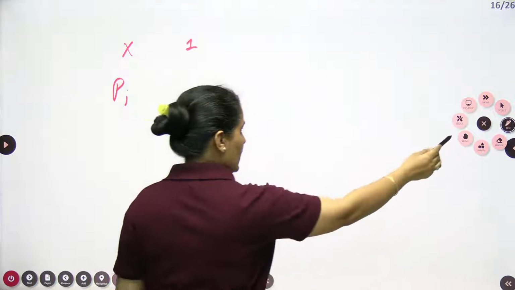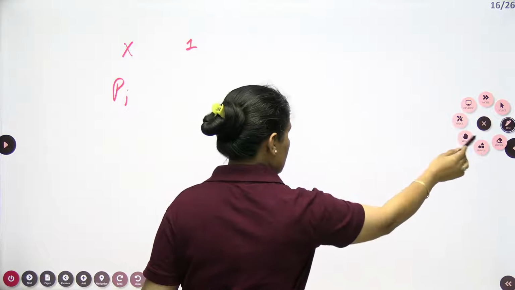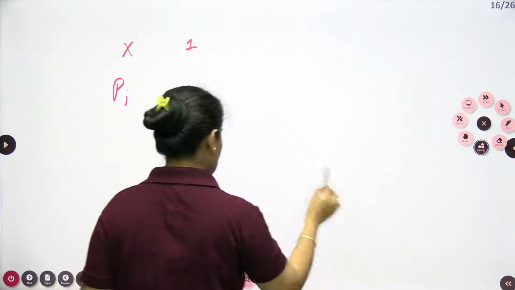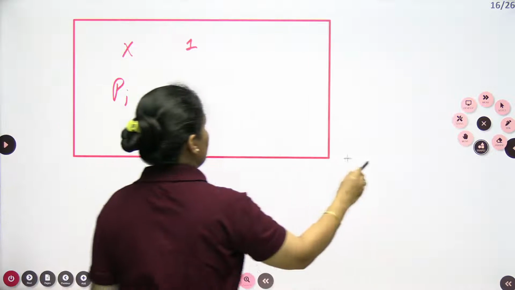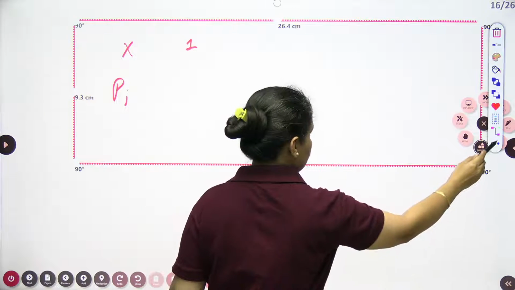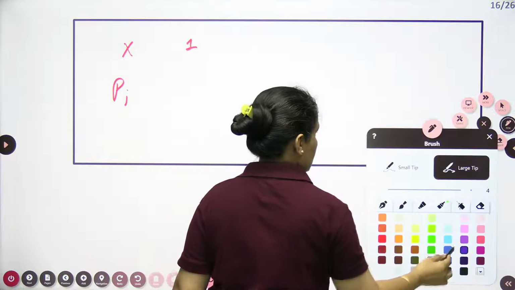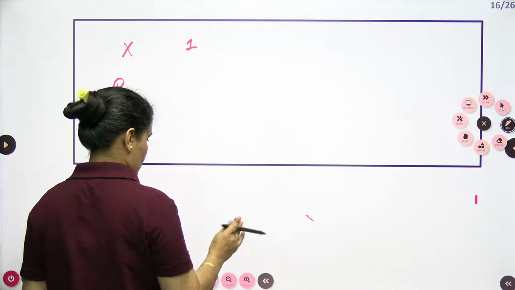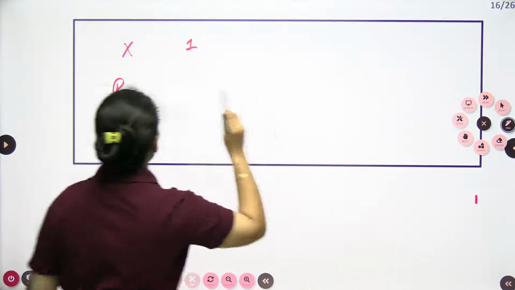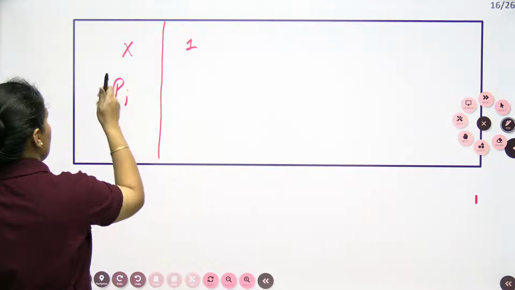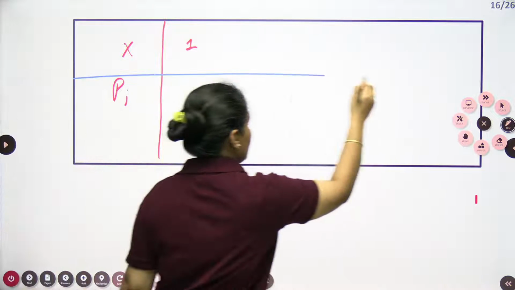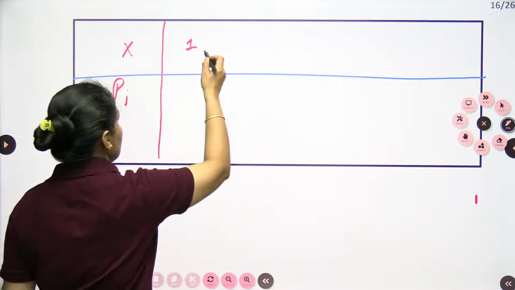So to make it easy, I will make a simple table with x and p i.